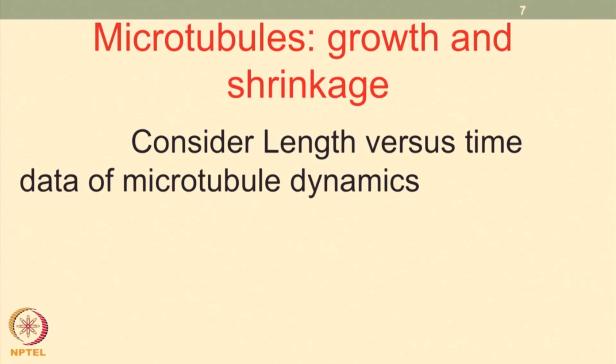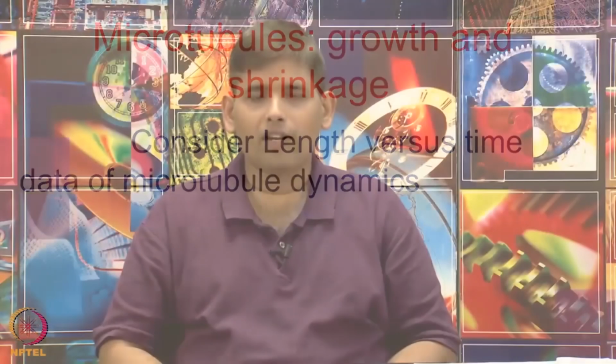So the next example is microtubule growth and shrinkage. Many of you who have studied biology have heard of this polymer called microtubule, which is a cytoskeletal filament in our cells.